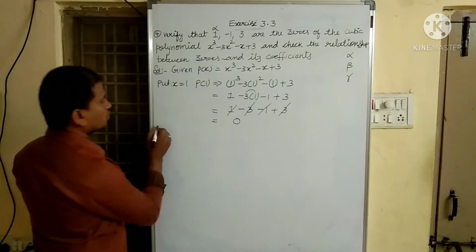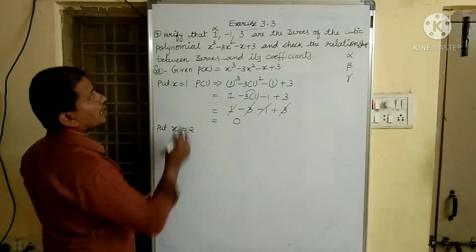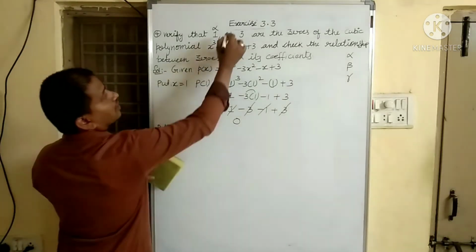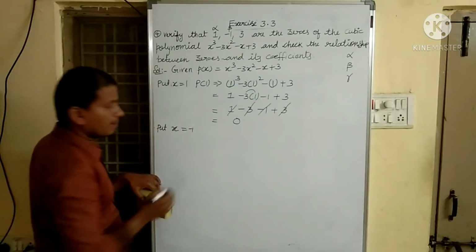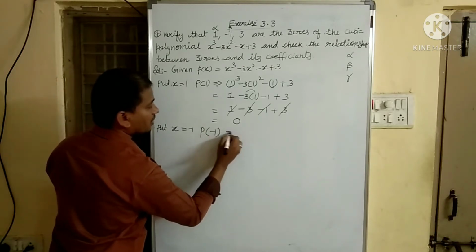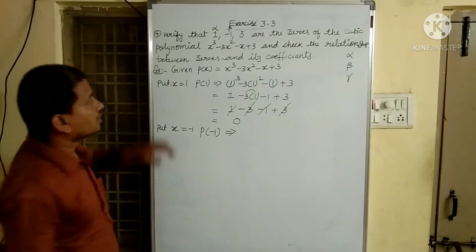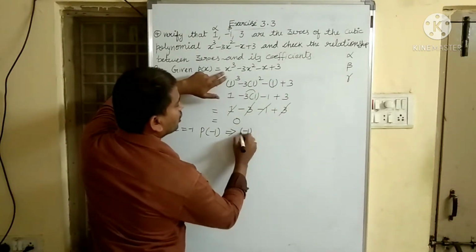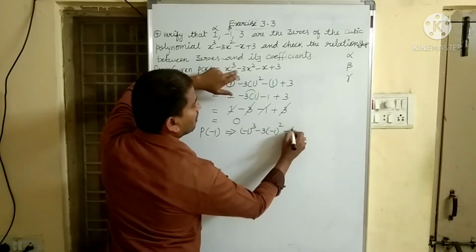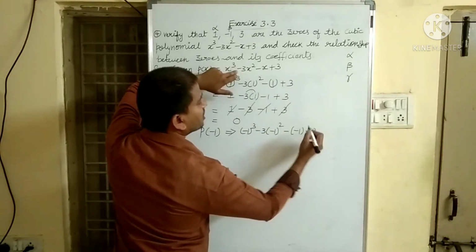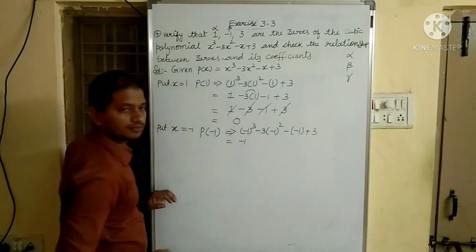Now, let me substitute. Put x equal to 2. Not 2, sorry, which is given, minus 1. Put x equal to minus 1. We need to find p of minus 1. That is minus 1 whole cube minus 3 into minus 1 whole square minus of minus 1 plus 3. Minus 1 cube in the sense minus 1.